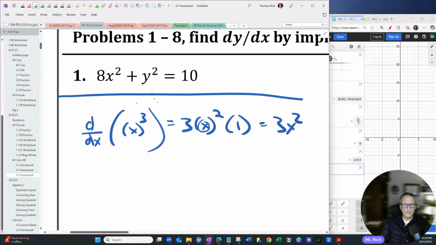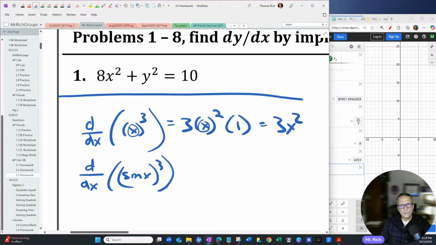So when the function that we're working with on the inside is just x and nothing else, then we really don't use the chain rule because the derivative of x is 1. But once this becomes something other than x that's raised to the third power, like, for example, let's say that it is sine of x to the third power. So I'm going to take the derivative of sine of x to the third power.